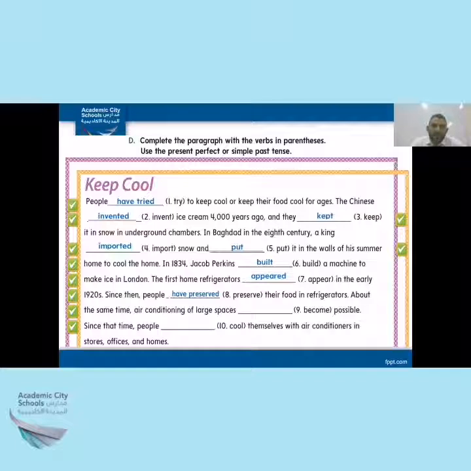About the same time, air conditioning of large space possible. Here we use the past simple of the verb become. Just change o into a. Become, became.